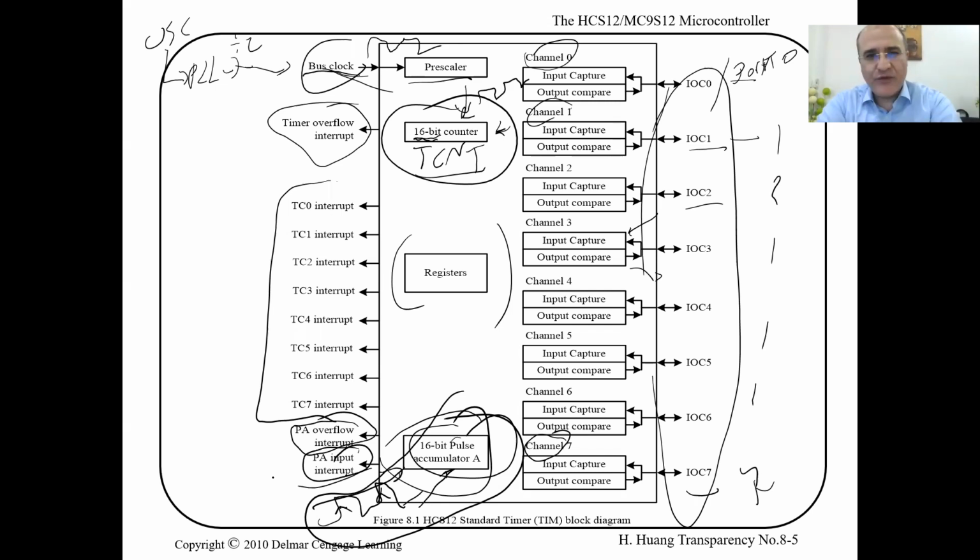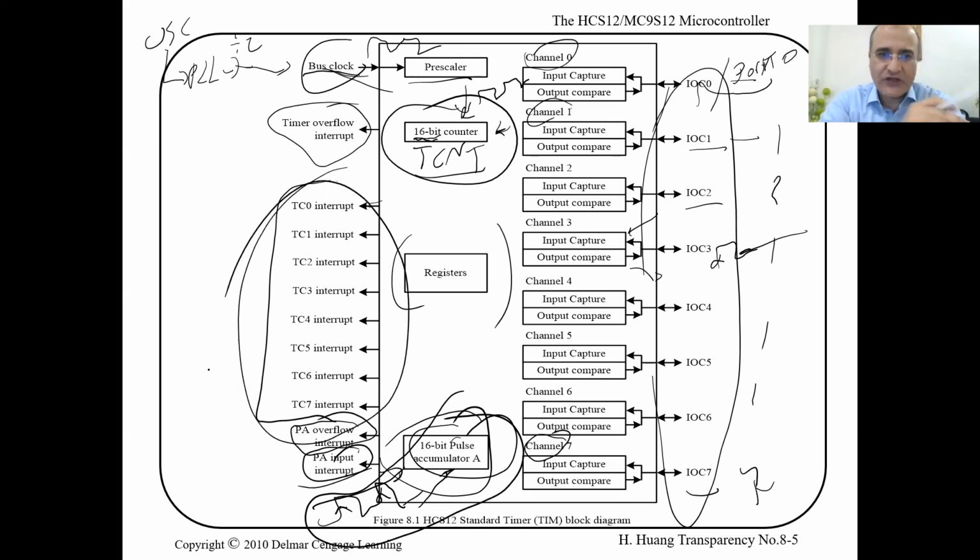So see all these interrupts that we can generate. A lot of interrupts that are directly connected to physical pins, that you can generate hardware signals in case of output compare, read input signals in case of input capture, and have any of these events cause an interrupt service routine to run, interrupting the normal flow of the CPU.